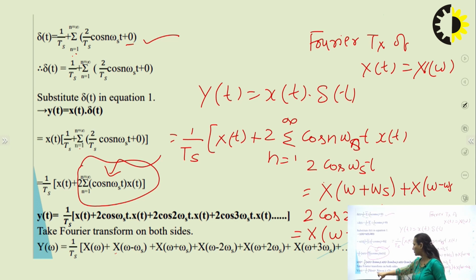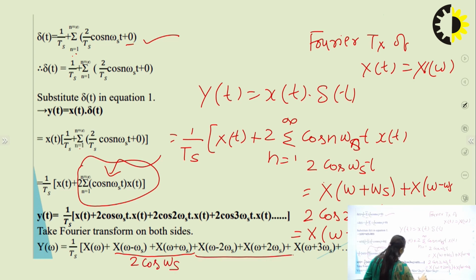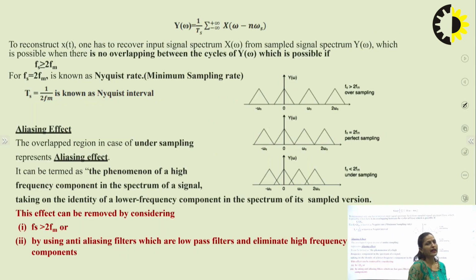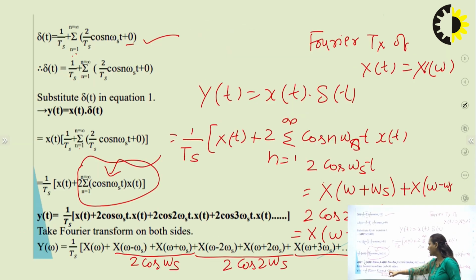So these two terms are for twice cos(ωs t), and these are for twice cos(2ωs t) and so on. Finally, the last equation is a summation of these when n varies from 1 to infinity.